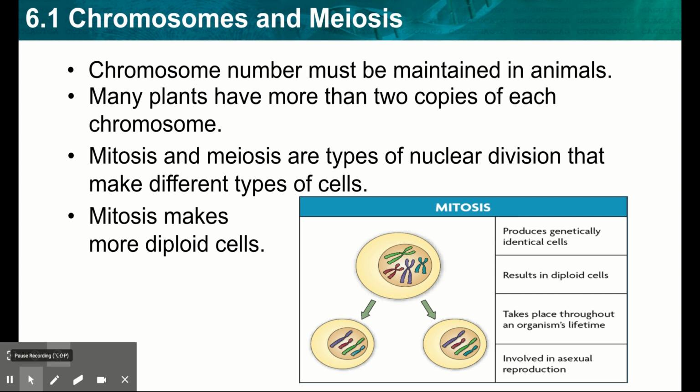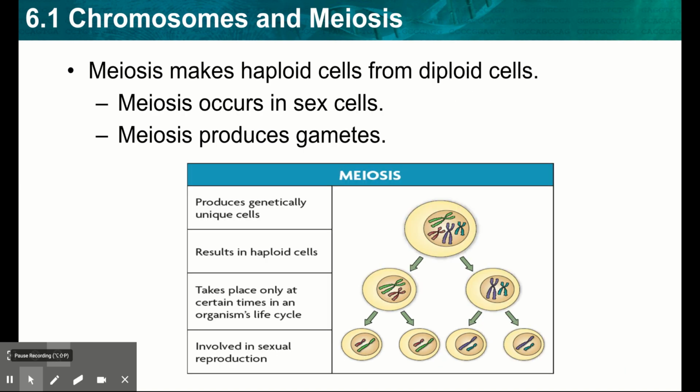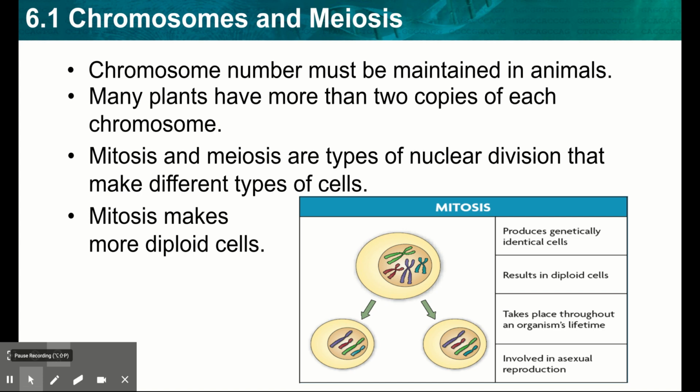Chromosome numbers must be maintained in animals. Many plants have more than 2 copies of each of their chromosomes. When we talk about mitosis, cell division, and meiosis, we're going to talk about how they are different from each other. And I'm going to show here real quick the differences.